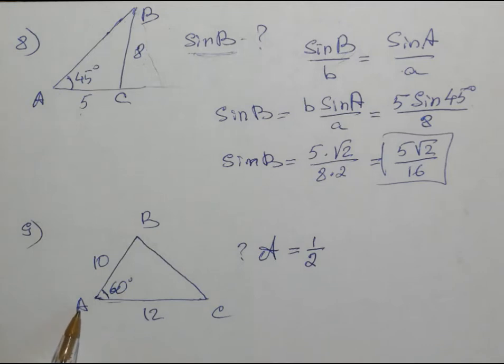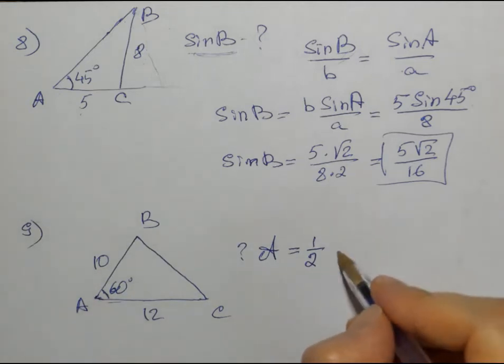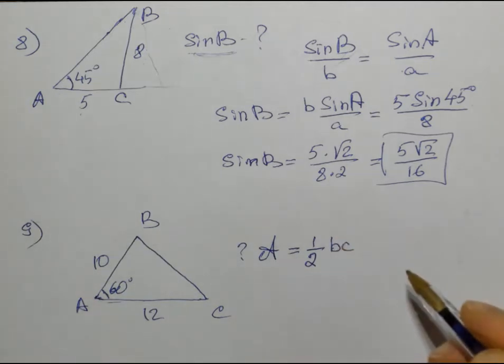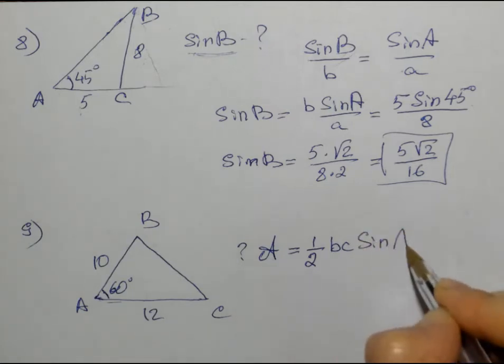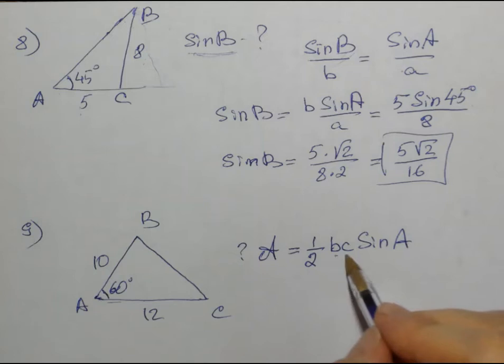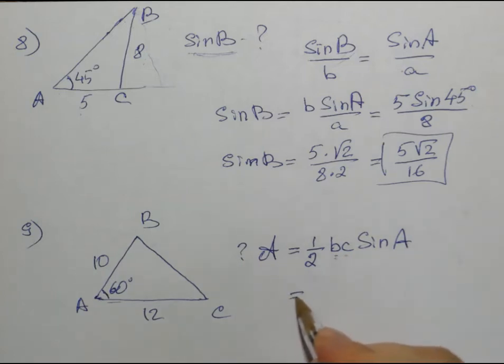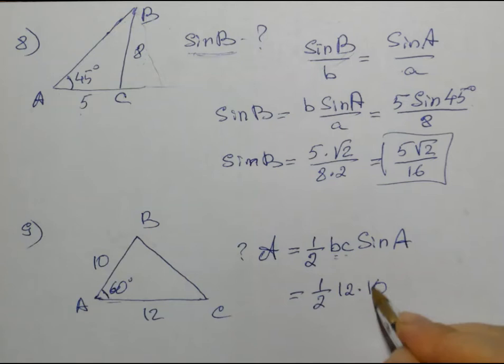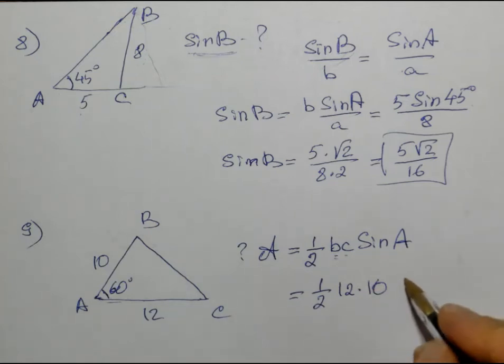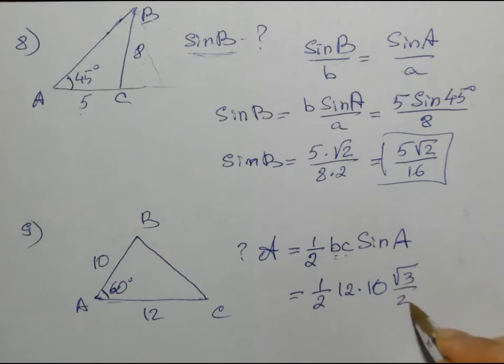So if we have the angle A, then here we will have b times c times sine of A, the angle between these two sides. And we substitute the numbers. b is 12, the side opposite to the angle B. c is 10. And sine of 60 degrees is square root of 3 over 2.